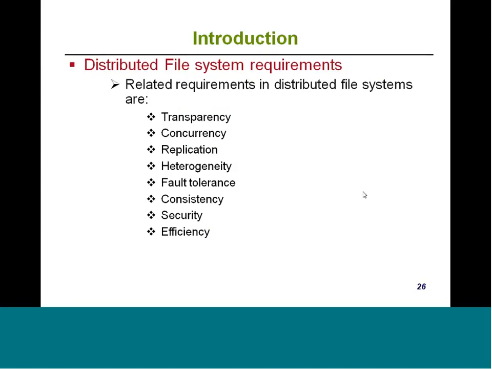Essentially it requires transparency, concurrency, replication, heterogeneity, fault tolerance, consistency, which is different from transparency and other things, security, and efficiency. We will talk about what each term means in the context of a distributed file system, and then also how to compare different file systems in the next chapter.